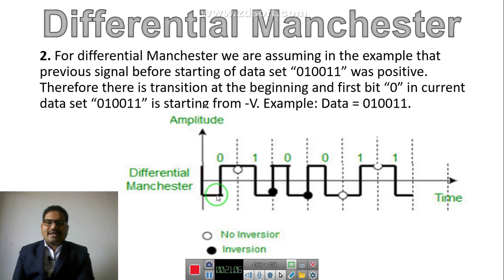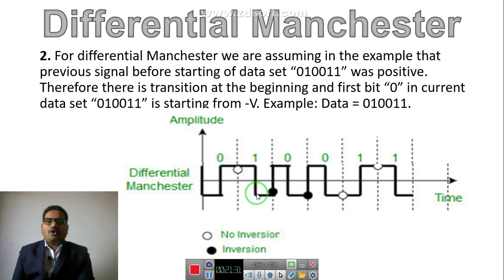So now you can see that 0 is represented by minus V to plus V volt. But the next bit is 1, so if the next bit is 1, there would be no transition. See, it is represented by this white circle. Since it is 1, it is going to be represented by what?